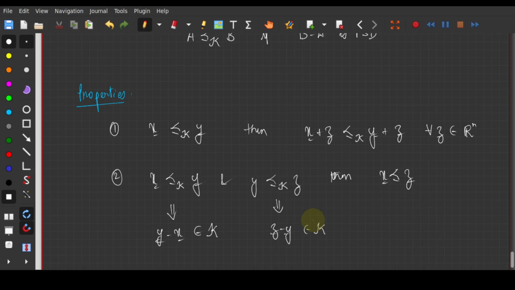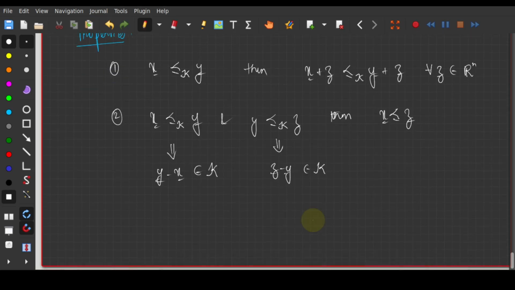Yeah. So since it's a convex cone, if I have two vectors in the cone, then the sum of those two vectors is basically a conic combination of those two vectors, which is also in the cone. Right? That's where we use the property that it's a convex cone.